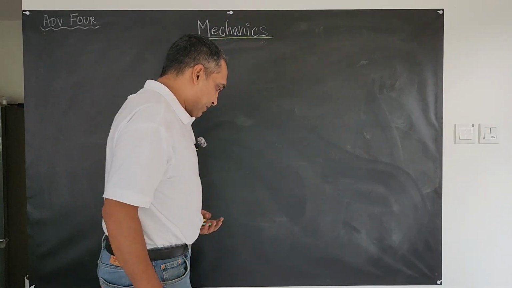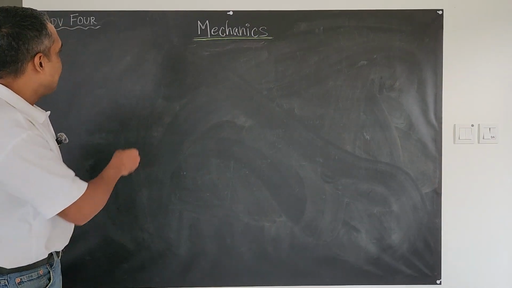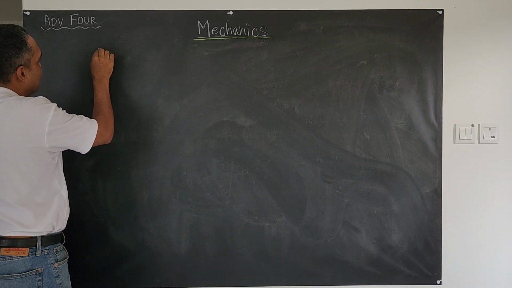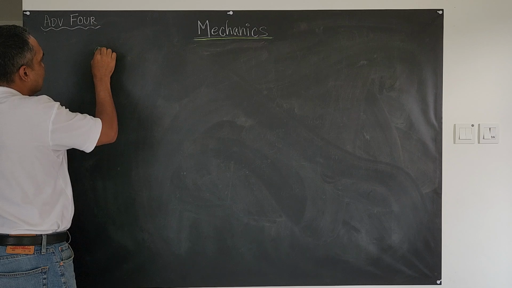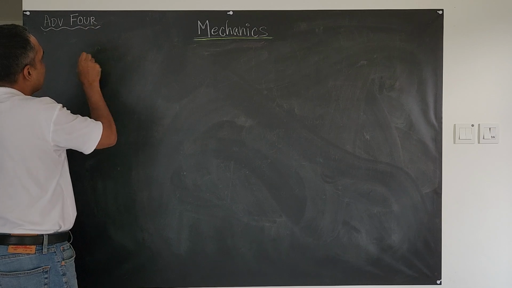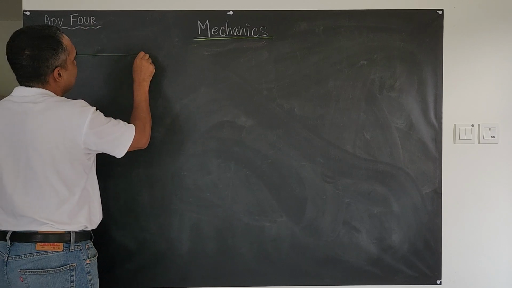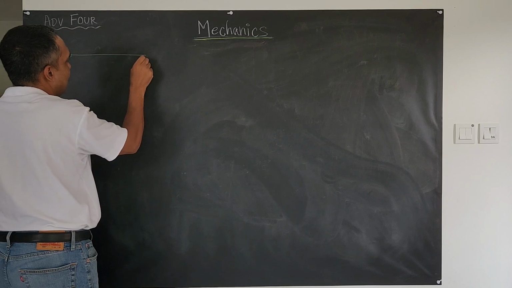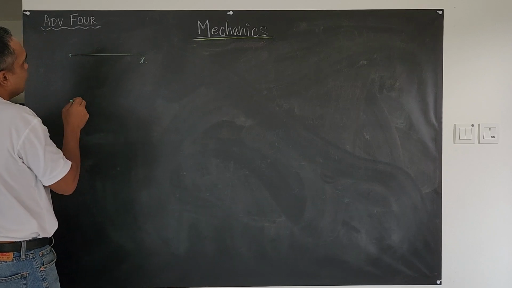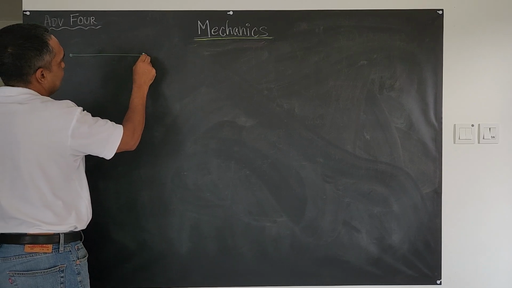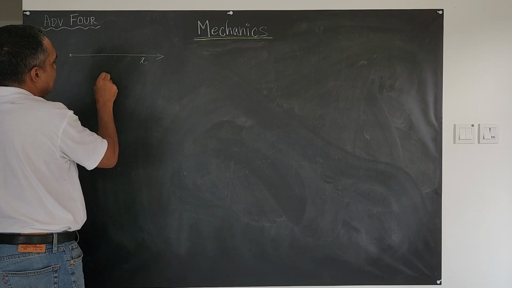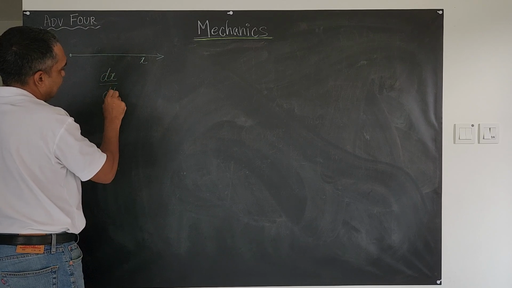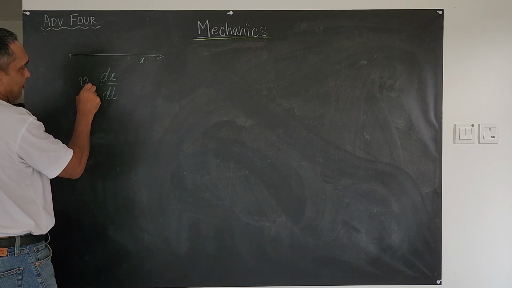We'll start with our basic idea, right? Our basic idea, we know, is that if x is our direction, and x is our displacement, we know that the derivative of x with respect to time gives us velocity v.